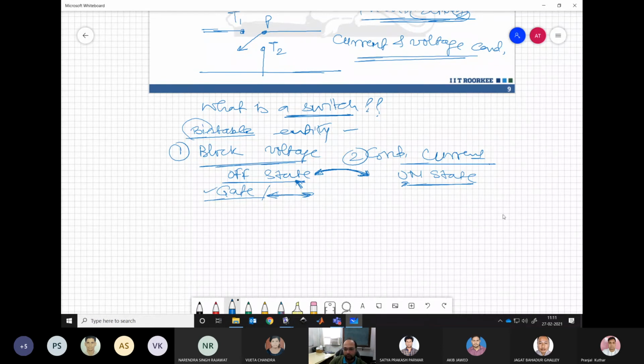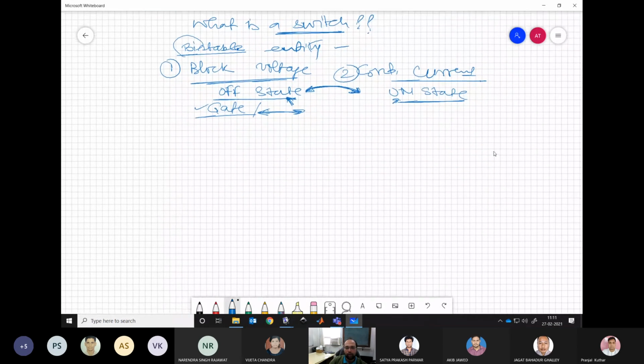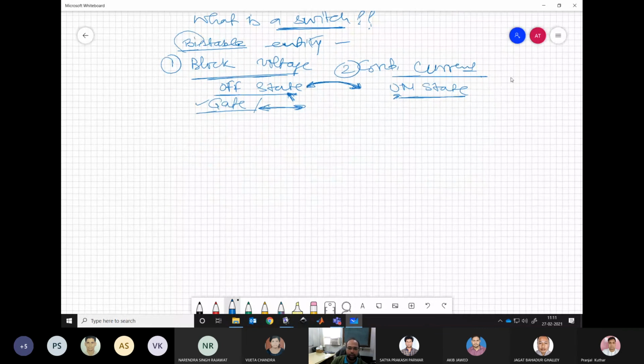Now, first we understand what properties an ideal switch should have. What is an ideal switch? An ideal switch is something which, in the blocking state, can block any amount of voltage, ideally. And that blocking is in both the directions.